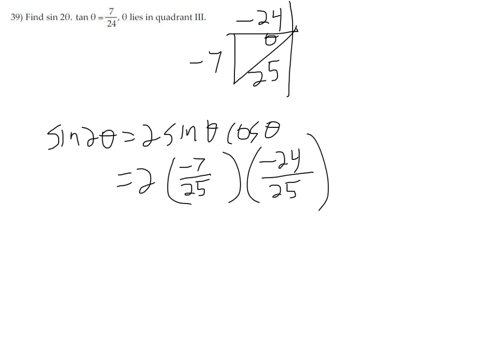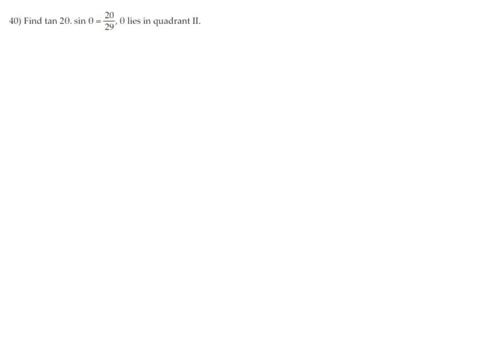And 2 times 7 times 24, 336. So we get 2 negatives make a positive, 336 divided by 625. That's our answer. All right, next question. These questions are getting very easy, three of them in a row.